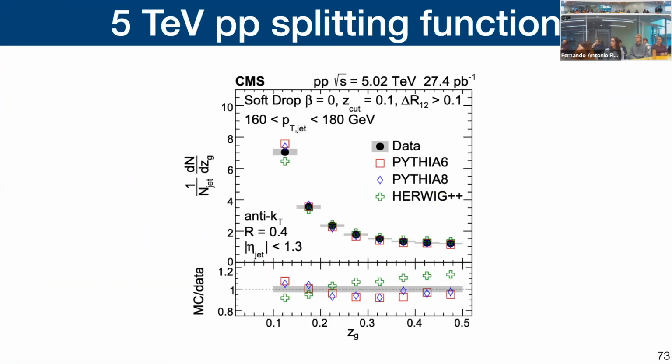Okay, so this is what we did in proton-proton data, and you can just look at the bottom here. For example, this is multiple generators divided by the data. You can see there's a rising trend for this one and a lower trend for the other. It's actually the exact same trend we saw in LEP with the same generators.